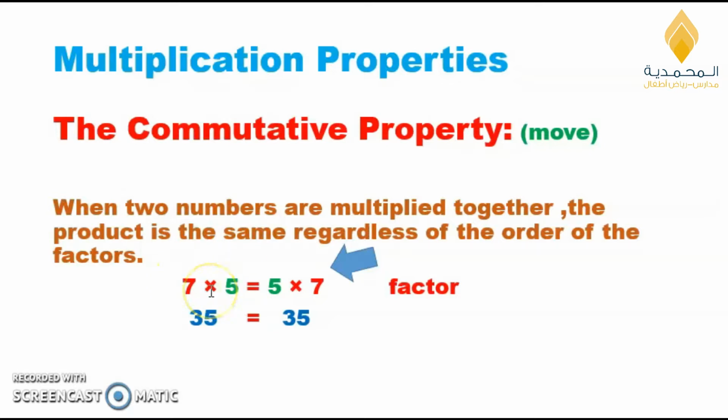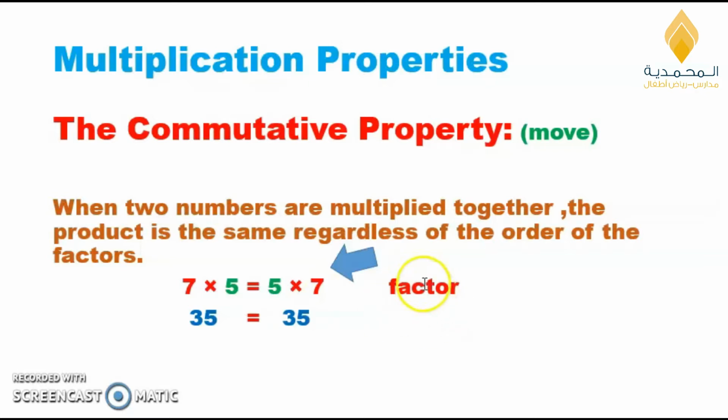For example, 7 times 5 equals 5 times 7. When two numbers are multiplied together, like 7 times 5, the product, which is the answer of the multiplication, is the same regardless of the order of the factors.